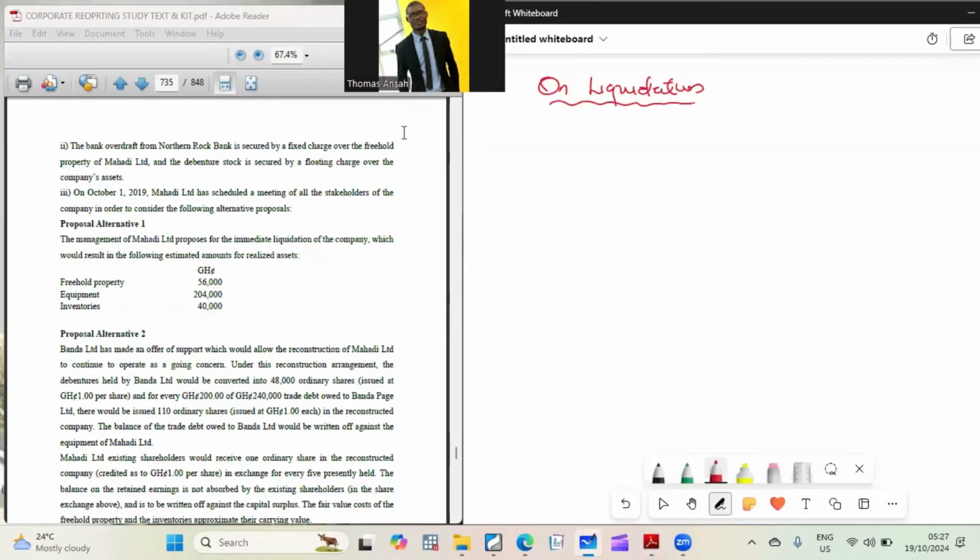Okay, so let's sell the asset. They said if we are selling the asset, the monies we will get is this.